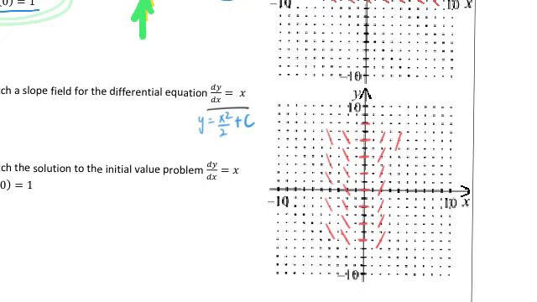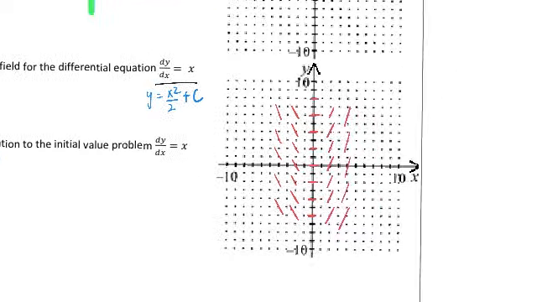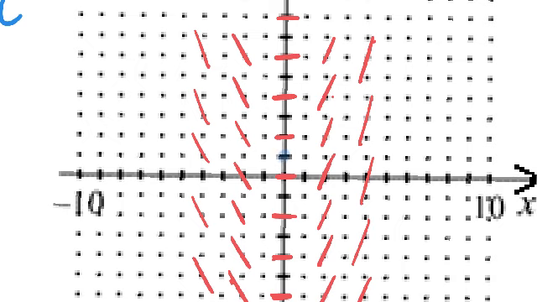So here now I'm at x is equal to 4, so I'm making the slopes steeper. And then you can see that if you start at any, well, let's see, we're trying to sketch the solution at 0, 1. So if I were doing that in blue, then I go to 0, 1, which would be here. So let me just draw in the slope there would be 0, like that, okay?